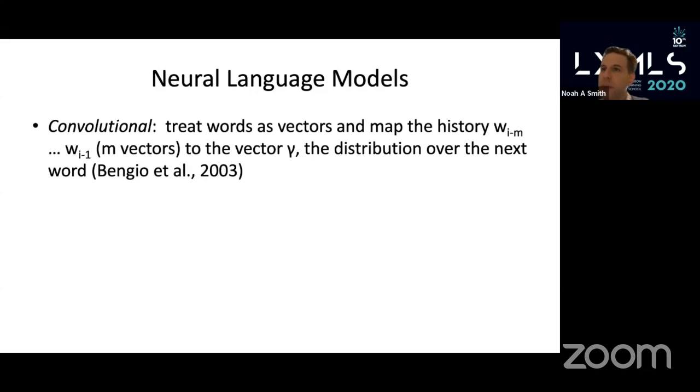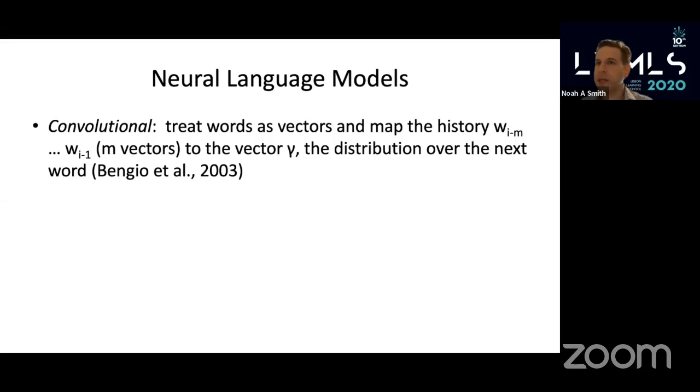So one step away from the models that I showed you was the use of convolutional neural networks for language modeling. Here the idea is that each word is going to be treated as a vector, and the vector associated with the word is simply a collection of D parameters that will be estimated. They're just arbitrary numbers associated with the word.